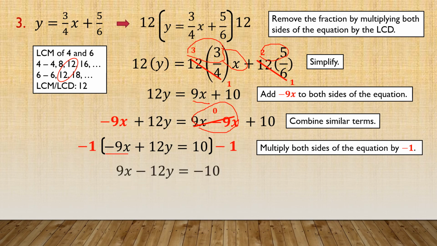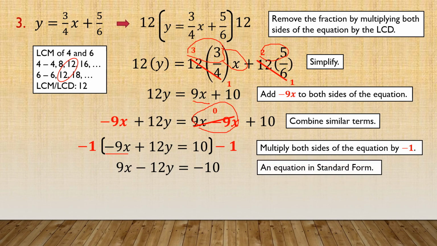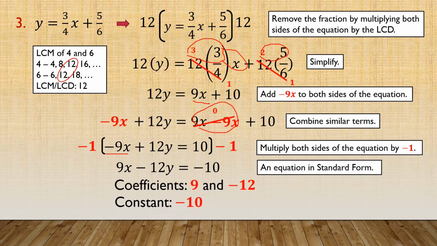Multiply by negative 1, o kaya pwede na ring baligtarin lahat ng signs, pati yung nasa kabilang side. Therefore, the final answer is 9x minus 12y equals negative 10. That is an equation in standard form. And the coefficients are 9 and negative 12, while the constant is negative 10.